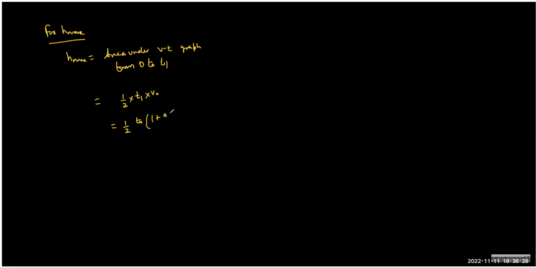So we can say for maximum height, H max equals the area under the VT graph from 0 to T1. So area is half into base into height. And this we got T naught, and V naught we got.